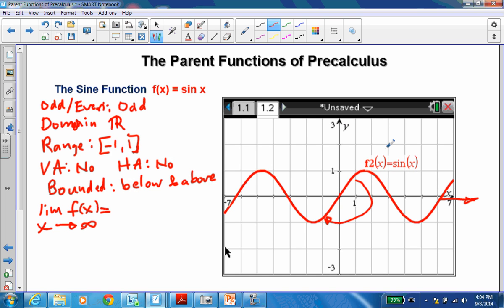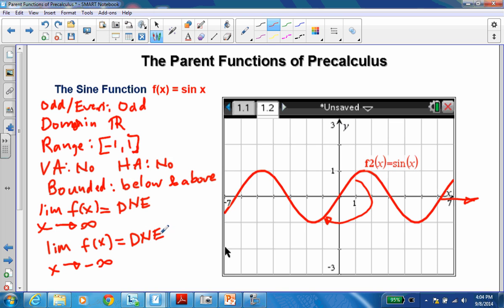Is it going to continue to go up and down no matter how far we go out? So is it ever going to approach a single number? No. So we say that the limit does not exist, and so the horizontal asymptote does not exist. The limit as x approaches negative infinity of f of x is the same situation.